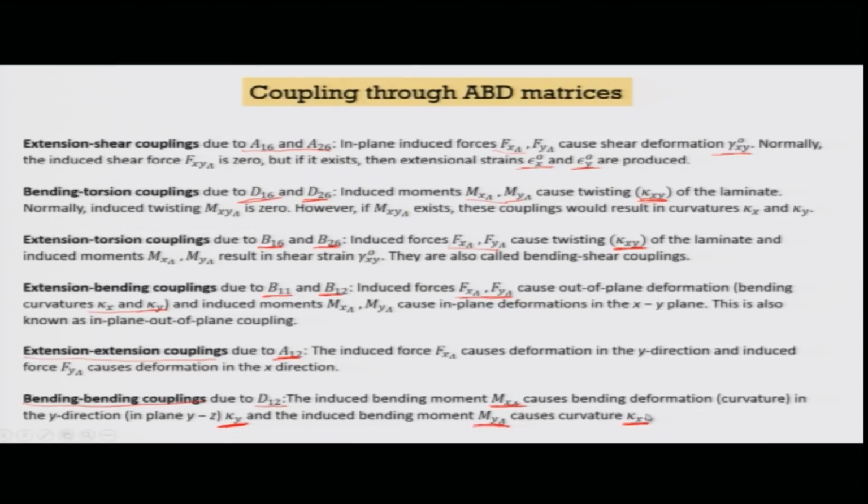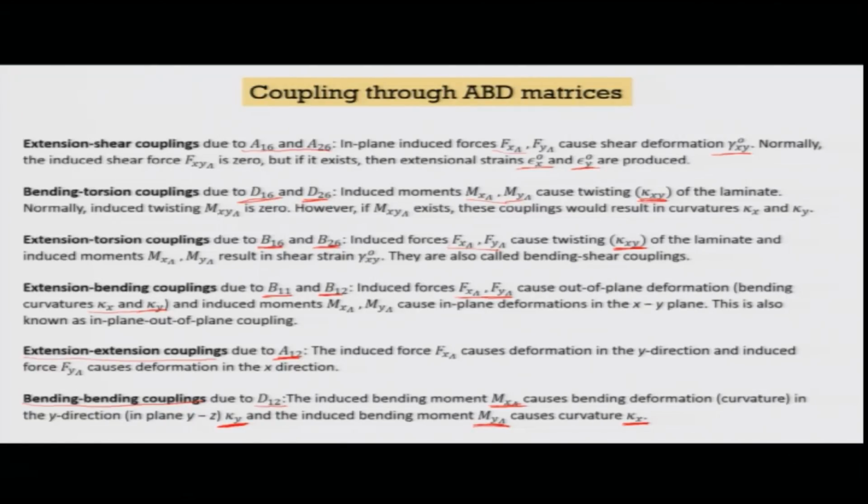So, A12 gives us the induced force: force from x will create deformation in y, or force from y will create deformation in x. Similarly, D12 coupling will give moment from x creating curvature in the y direction, and moment from y creating curvature in the x direction.